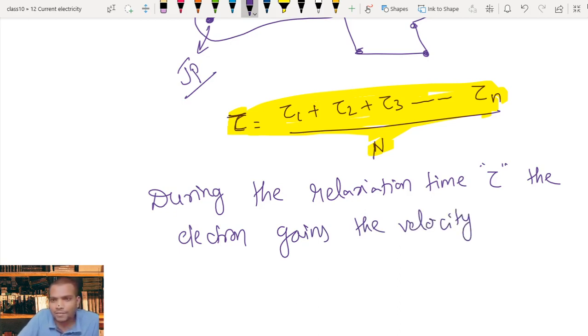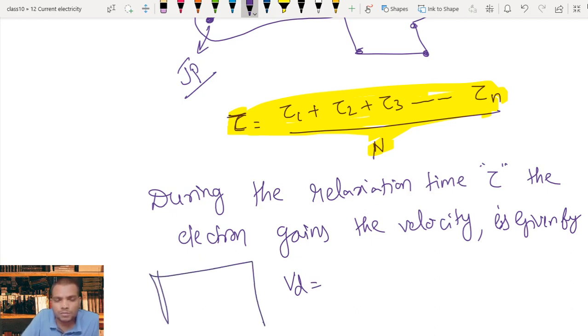That velocity we call the drift velocity v suffix d, which, as per what I said, is v equal to u plus a t. Take the initial velocity as 0, plus acceleration a times t, where t becomes tau.